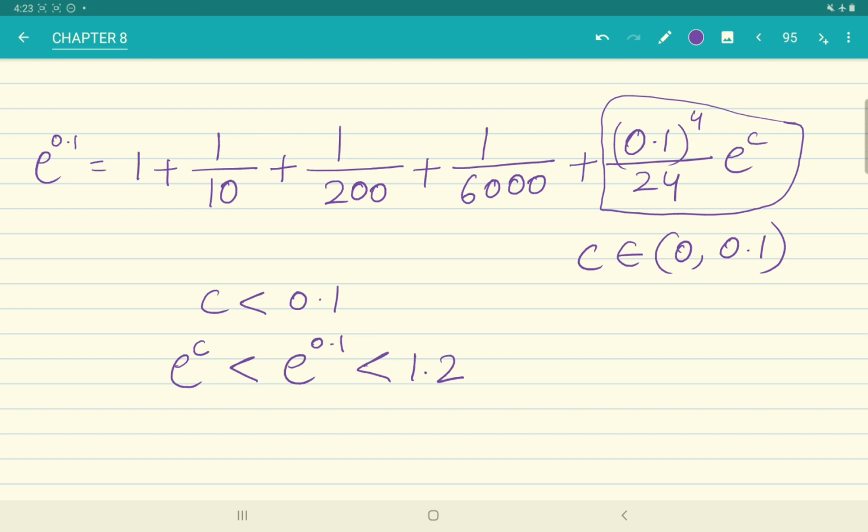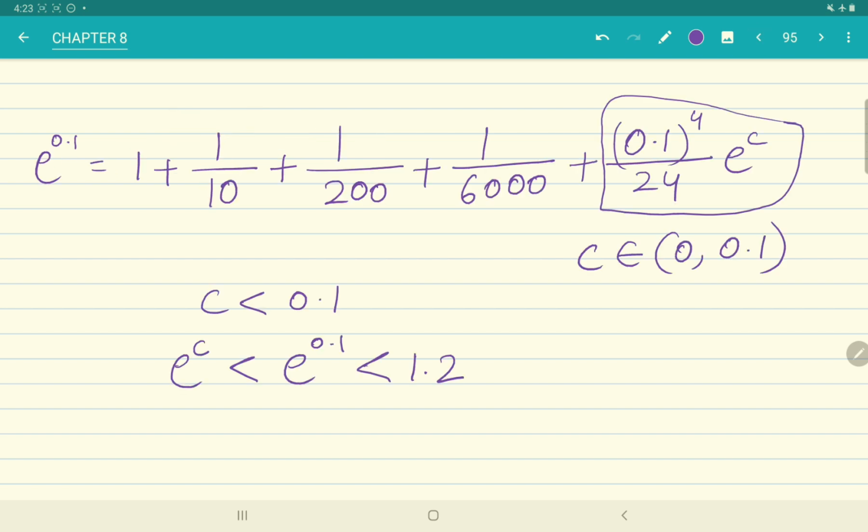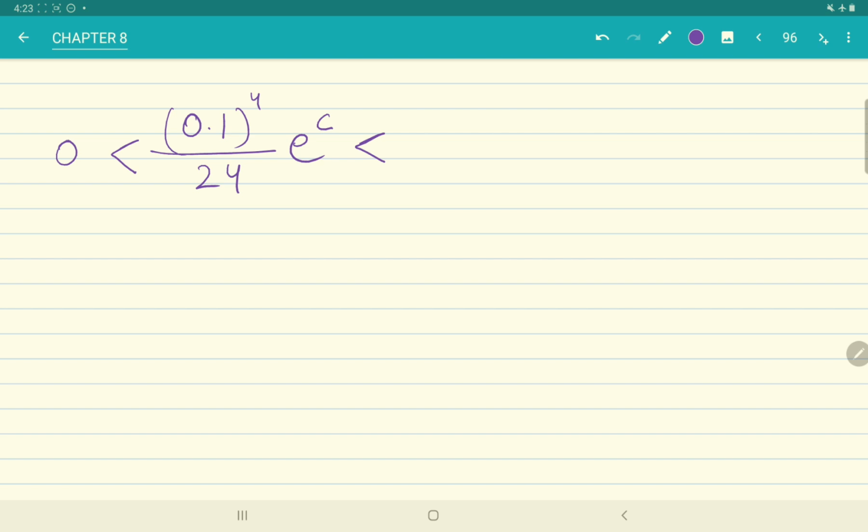That means this expression, 0.1 raised to the power 4 by 24 multiplied by e raised to the power c, is greater than 0 and less than 0.1 raised to the power 4 divided by 24 times 1.2, since e raised to the power c is less than 1.2.